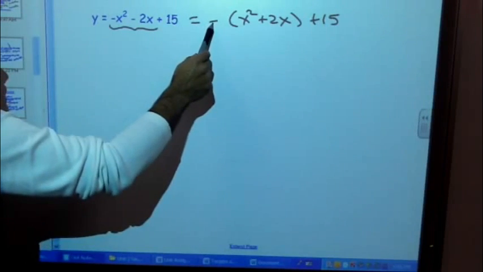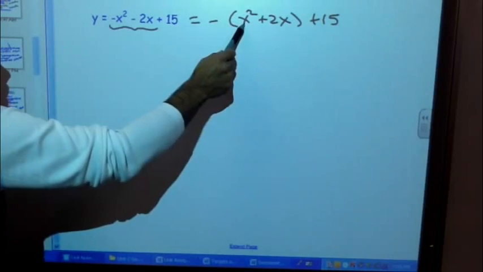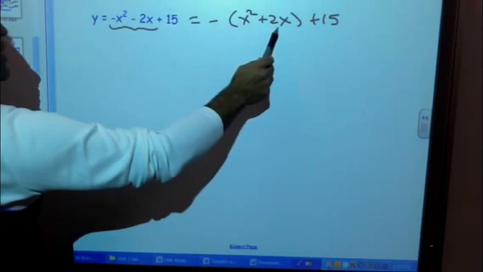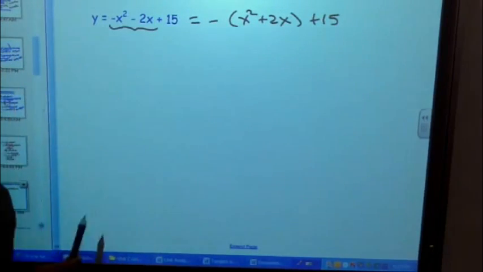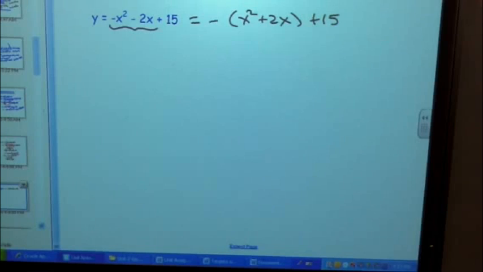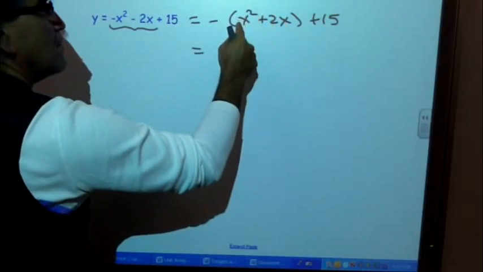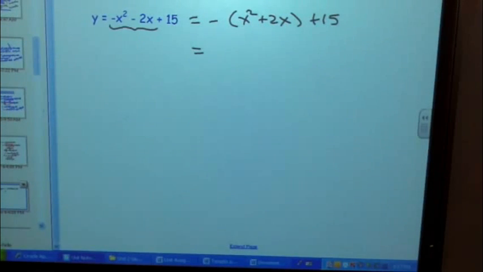I can always verify that I did this right by expanding this back. So I think negative 1 times x squared is negative x squared. Negative 1 times positive 2x is negative 2x. And so I realize that I did it right. Now I'm going to complete the square of my bracket because my leading coefficient now is positive 1 inside the bracket.